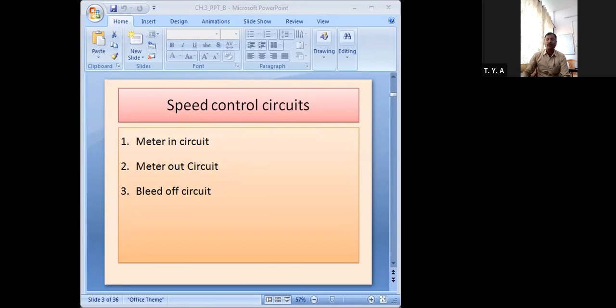Getting it? Firstly, we'll go for the meter in circuit.